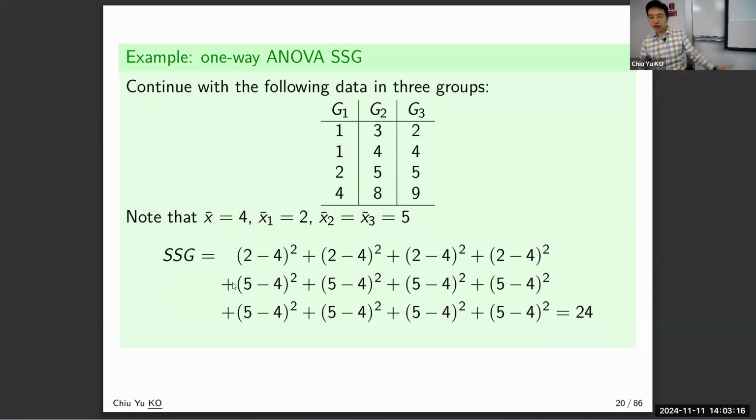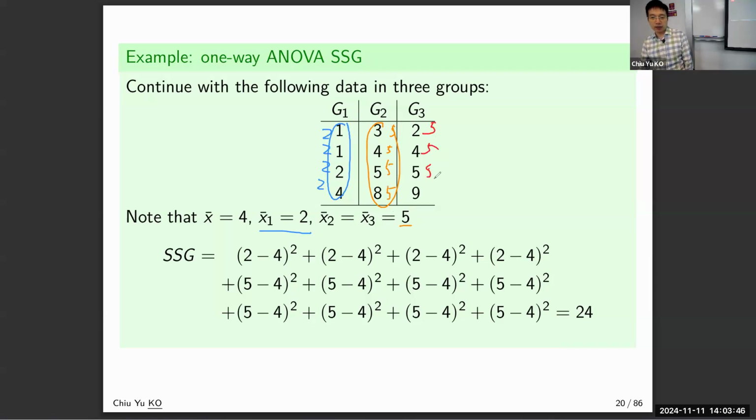And you can do the same for SSG. How do we do that? It's very simple. You replace all the data here by the 2 here, because I don't care about the variation within the group for SSG, it's across groups. So you replace this number by 5, because the group mean is 5 here, and you do the same for the last one by 5.